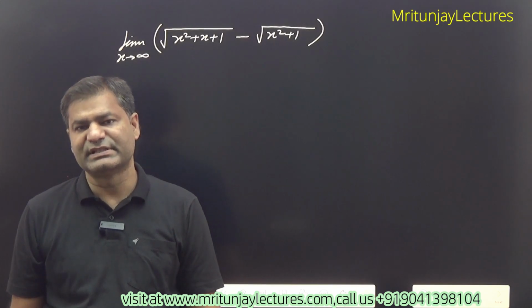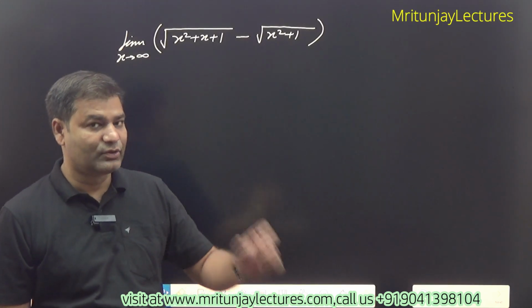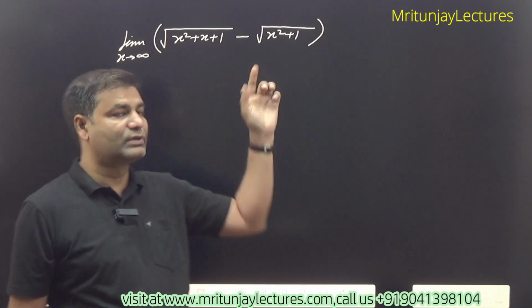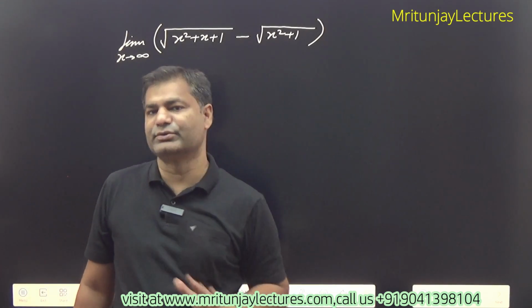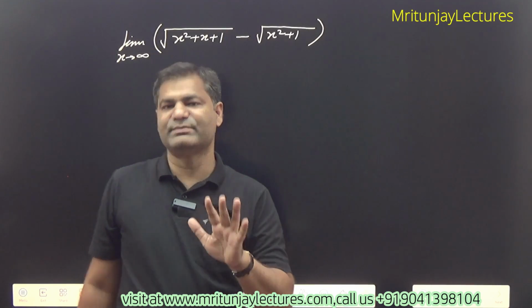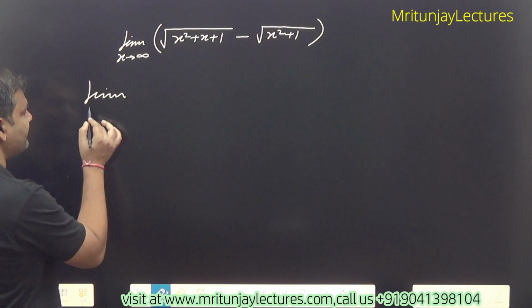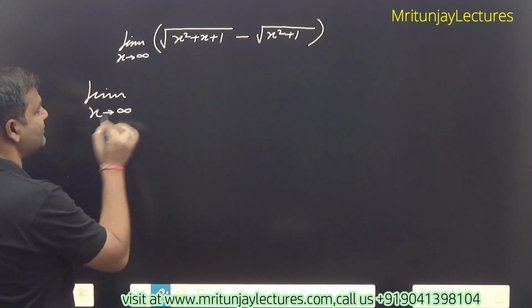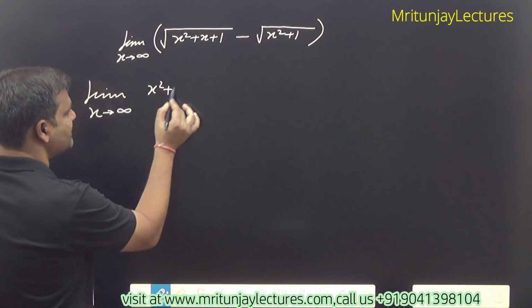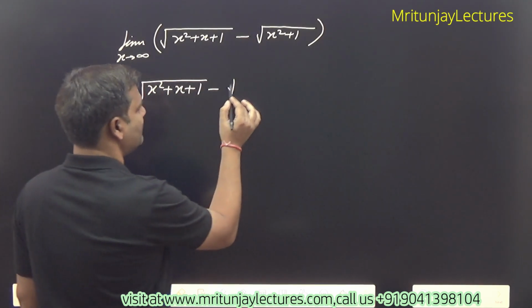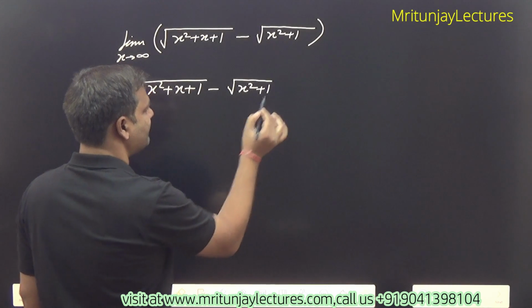First of all, we rationalize, we have to focus on removing those roots. So how can we finish these roots? Simply, if we rationalize, we can write here limit x tends to infinity, root x square plus x plus 1 minus root x square plus 1.